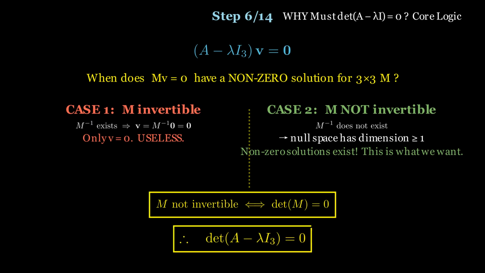If the matrix is not invertible, the null space is at least one-dimensional, meaning there exist non-zero vectors v satisfying the equation. A 3 by 3 matrix is not invertible if and only if its determinant is 0. So we must require det of A minus lambda I3 equals 0. Same logic as 2 by 2. Same conclusion. Now in 3D.